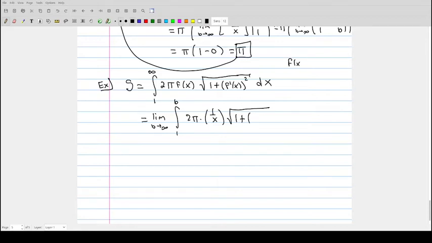So remember, f of x is 1 over x, so f prime of x is going to be negative 1 over x squared. It's going to be 1 over x squared squared.